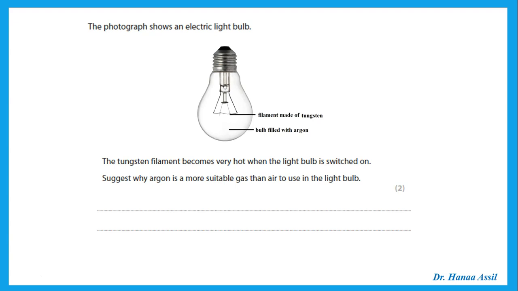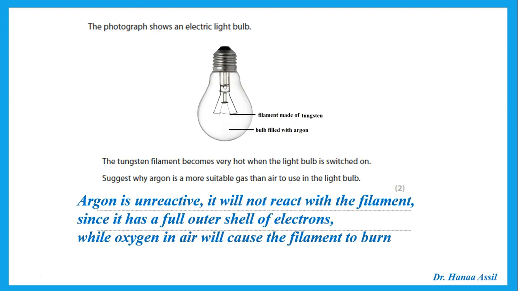So just why argon is more suitable than air, we fill this lamp with argon because argon is unreactive. It will not react with the filament, and it will not allow the filament to burn since it has a full outer shell of electrons, while if we put air, then that has oxygen, and this will cause the filament to burn.